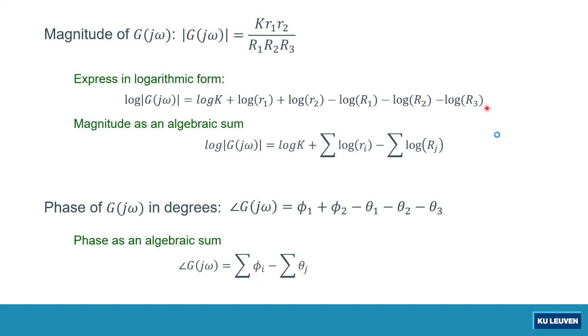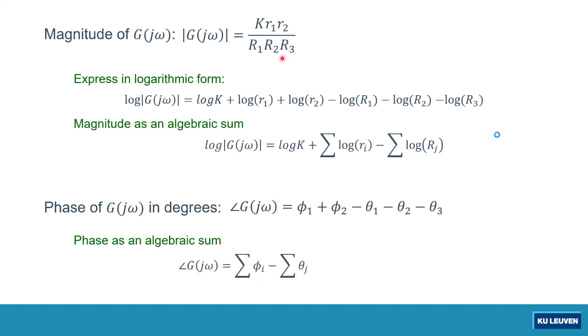Okay. This means also that the magnitude can be represented as the summation of the logarithm of the DC gain plus the summation of the logarithms of all of the zero factors minus the summation of the logarithms of all of the pole factors, right?